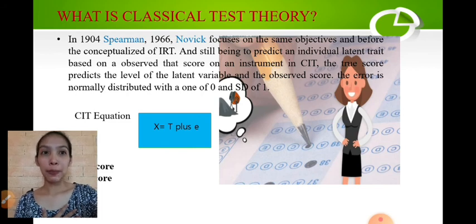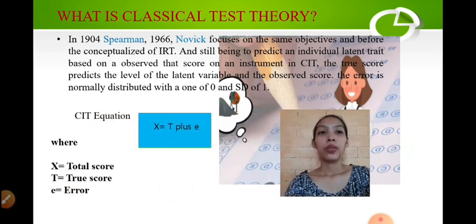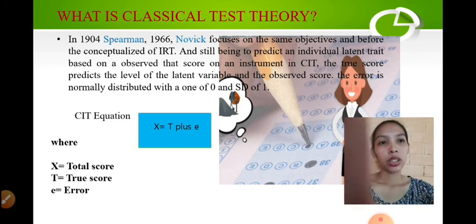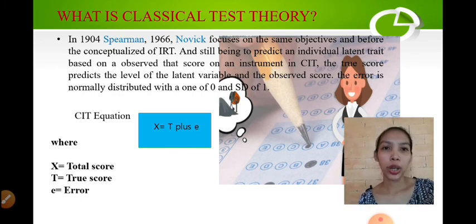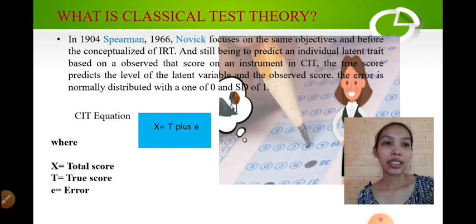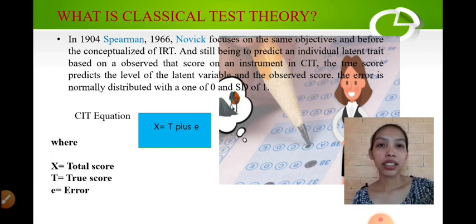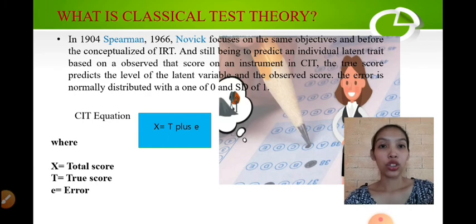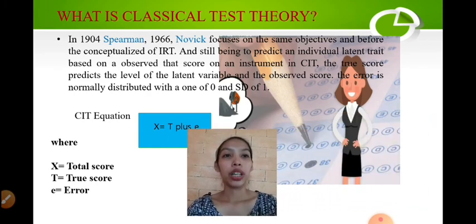In CTT, the true score predicts the level of the latent variable, and the error is normally distributed with a mean of 0 and standard deviation of 1. This is the CTT equation, X equals T plus E, where X is our total score, T is the true score, and E is the error.